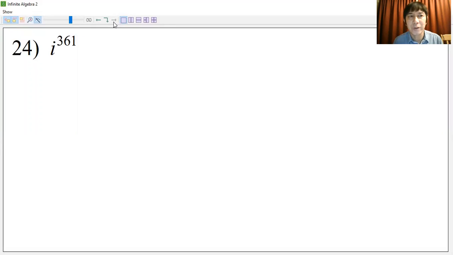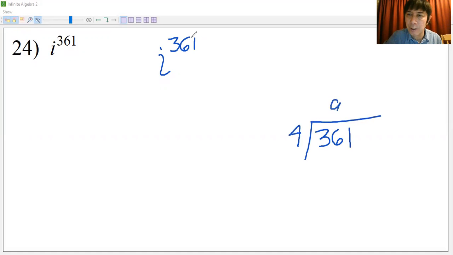How about number 24? i raised to 361. Okay, i raised to 361. Okay, again, you need to divide this by 4. 361 divided by 4, that's 9. 9 times 4 is 36. Okay, bring down the 1, divide by 4, it's a 0. 0 times 4 is a 0.